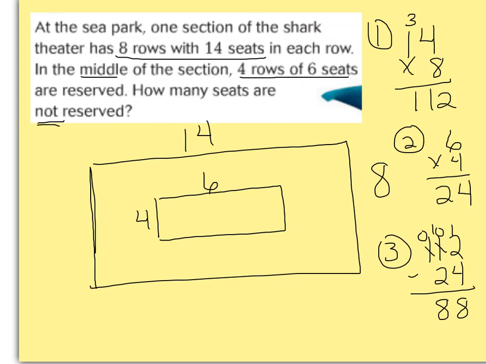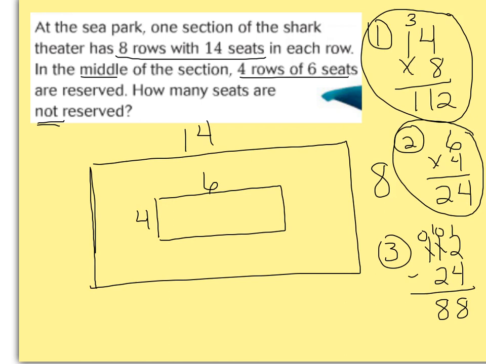Okay, here's how we solve it. First, I am going to multiply 14 times 8, done that right here, and this is step 1, to find out how many seats are in the section of the Shark Theater. After that, step 2 is finding out how many seats are in the middle section, and that was 6 times 4, and I found 24.